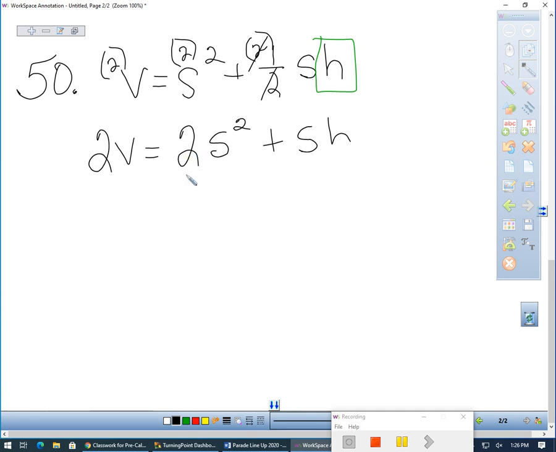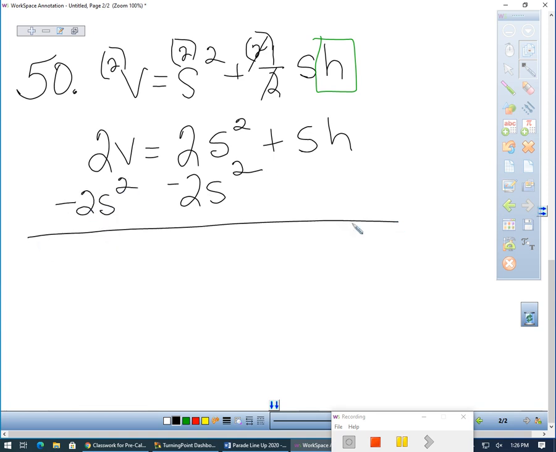How do I move this 2s squared? Good. Minus it to the other side. All right. Are those like terms? No, so you got to write them separate. 2v minus 2s squared equals sh.